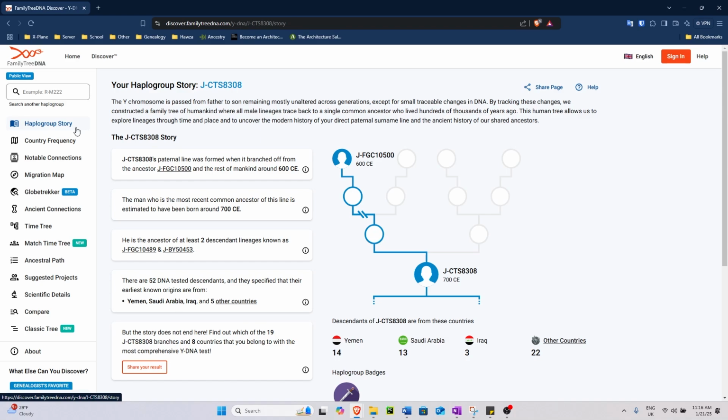So there are approximately 5 mutations in total between FGC 10500 and CTS 8308, the 3 HD 38 SNPs shown previously, and the 2 T2T SNPs, A31773 of Imam Hassan alayhi salam and A31774 belonging to Hassan al-Muthanna alayhi salam.